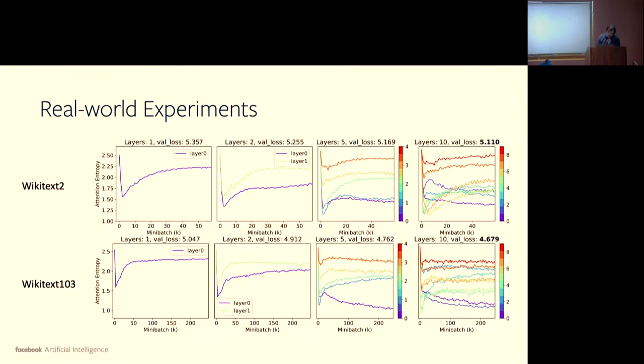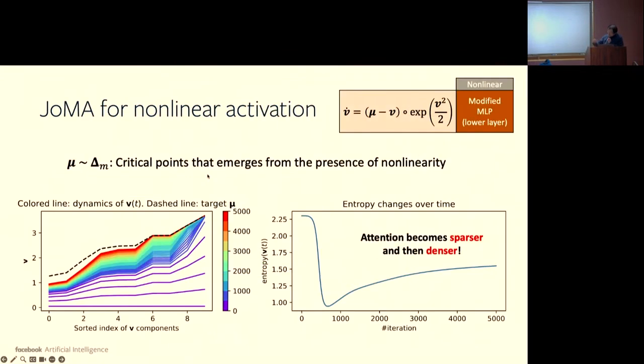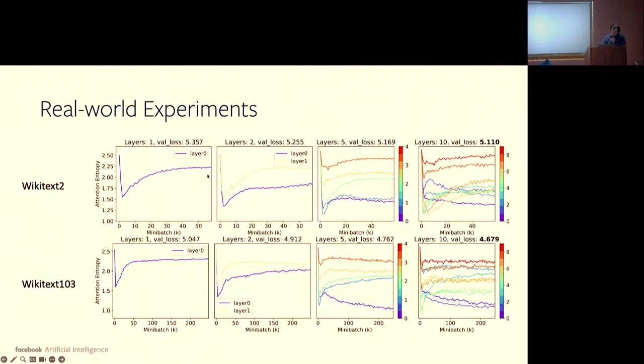Especially in the first layer, if you train a one-layer transformer with nonlinear activation, you see it first drops and then goes back up again, very similar to the curve drawn by the theory. And with multiple layers, you see very similar curves as well. Especially in the top layers, things drop and then come back. That's quite interesting.